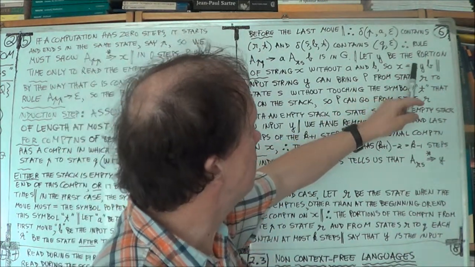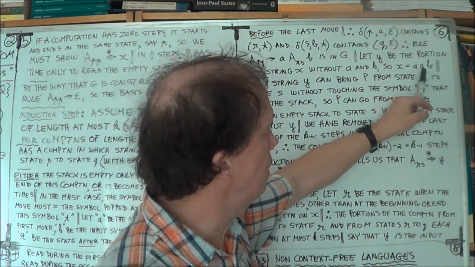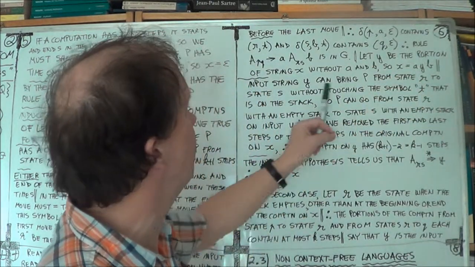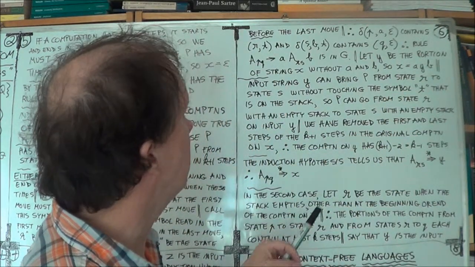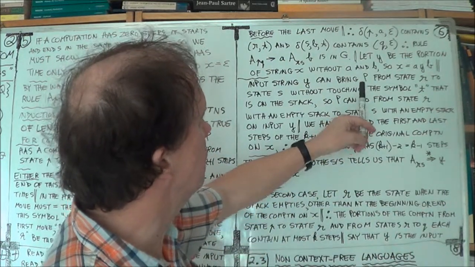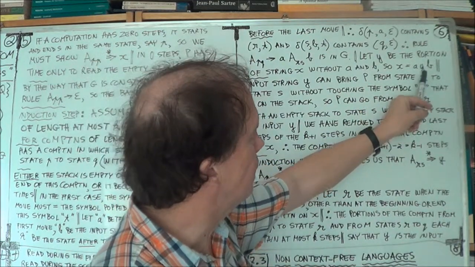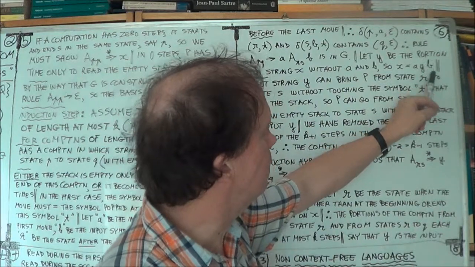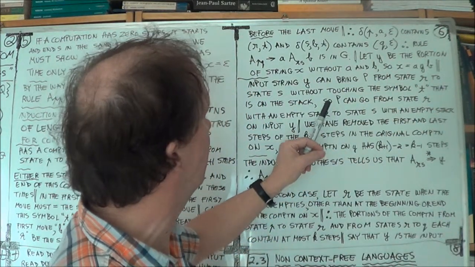Okay, so here's your string X. The first member of X was a, and the last was b, and let y be what's in between, whatever. So X is a, y, b. Now, what is this y doing? It must take your PDA from state r to state s.